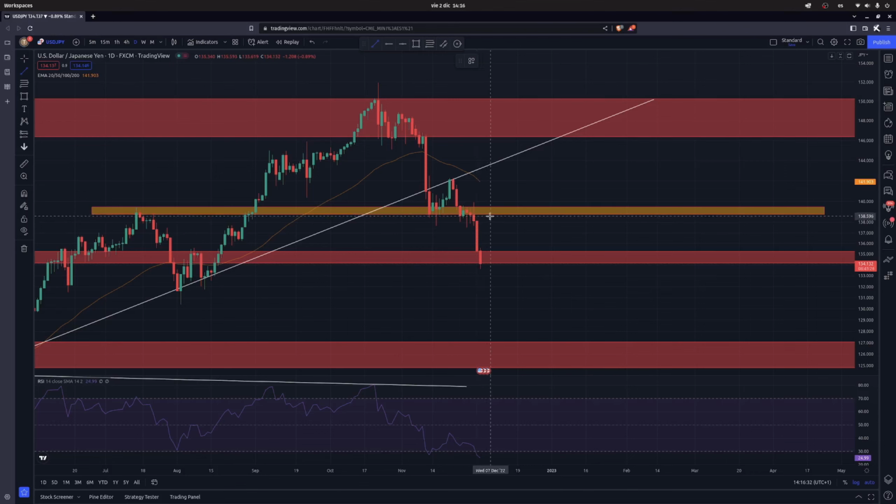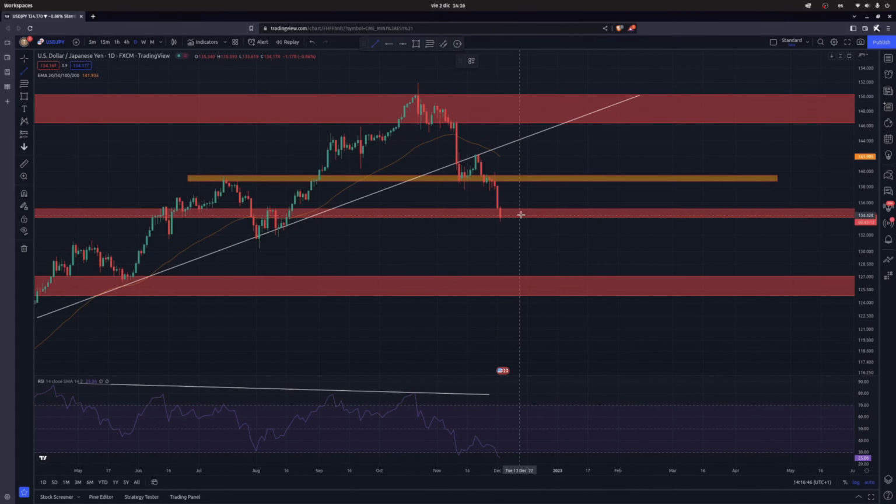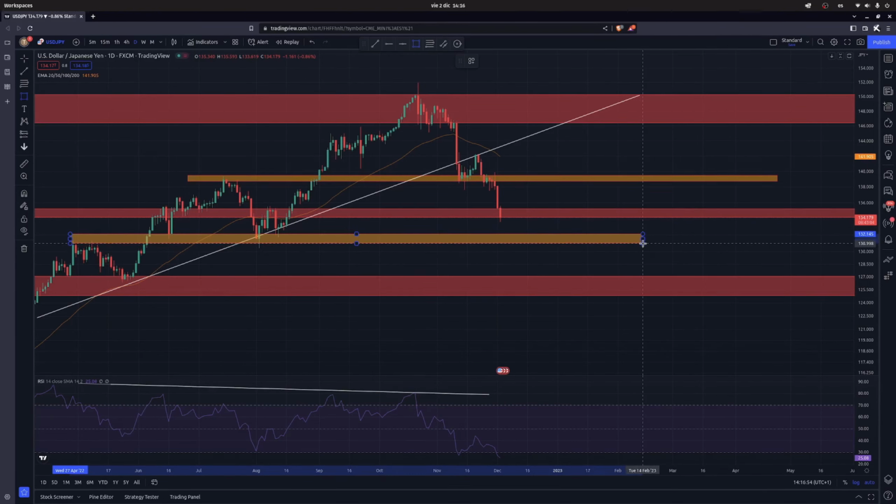You could see this as a short entry point, if I'm not mistaken, even though there are more resistance levels, and more support levels, or resistance levels in this case, like around here. We would have another one right around here.